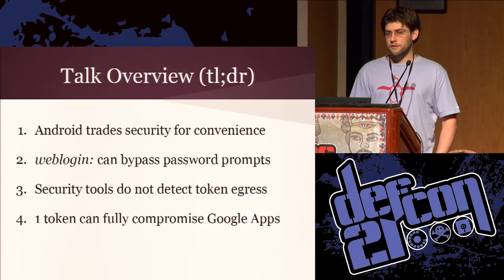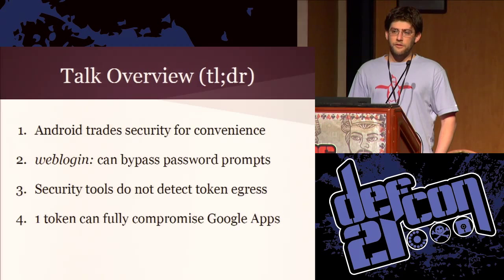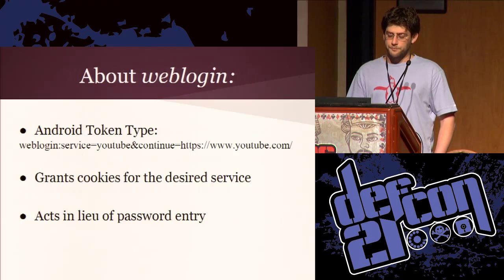These WebLogin tokens allow you to bypass password prompts so that you don't have to be entering your password on your mobile phone or your tablet or wherever else. I've found that security tools that are out there for endpoint protection, they don't recognize this type of threat. They don't do anything to protect against it. And in the end, it only takes one token to fully compromise a Google Apps domain. One token from the right user.